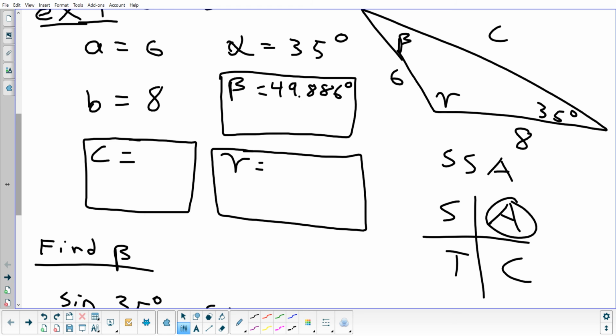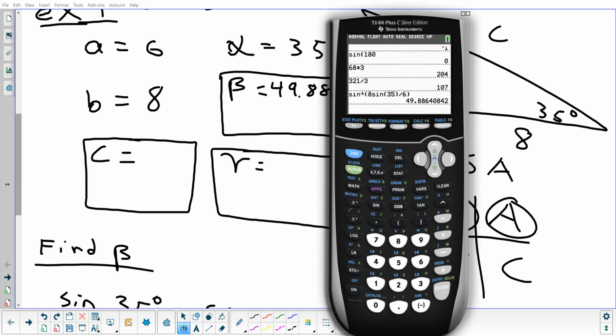And where's the other quadrant where sine comes out positive? Yeah, quadrant 2. And what do you do with your answer from quadrant 1 to get an answer in quadrant 2? Think of the quadrant 1 as your reference angle. Yep, you subtract from 180. I'm going to subtract that from 180.